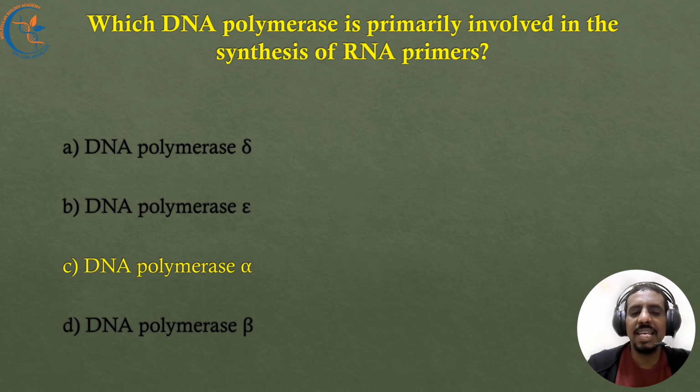The correct answer is DNA polymerase alpha. DNA polymerase alpha is responsible for synthesizing RNA primers during DNA replication initiation in eukaryotic cells. All right, let's move on.